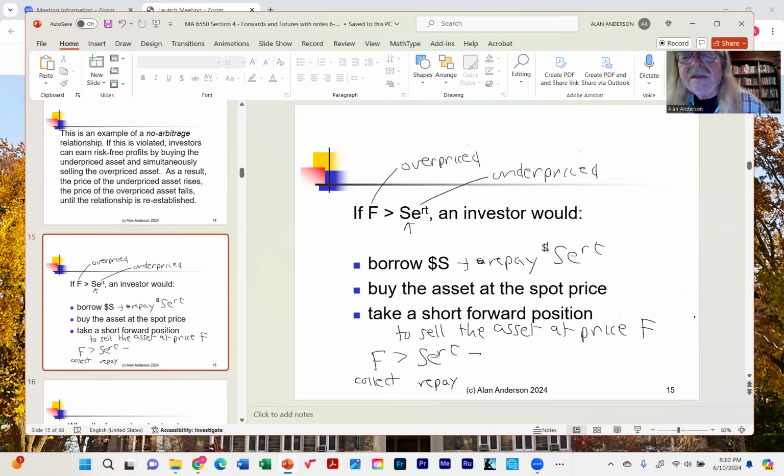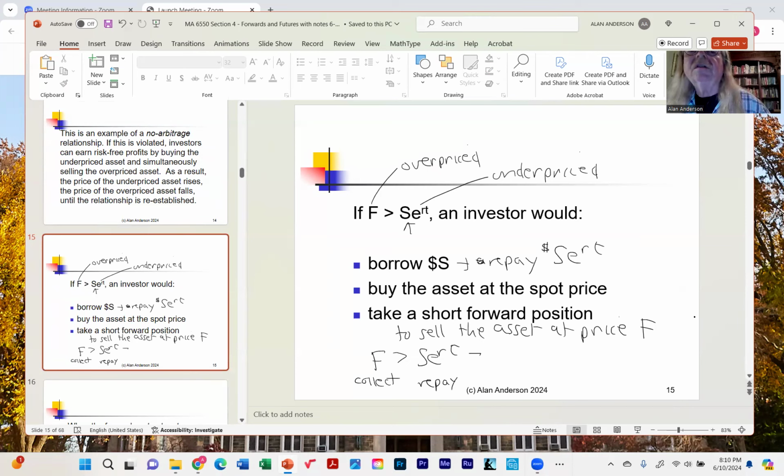The difference between the two is positive, and that puts money in our pockets. So by borrowing the S, repaying Se^(rT), buying the asset and agreeing to sell it for F, we just put money in our pocket without taking any risks. That's the reason why this r is here, because it's a risk-free proposition.